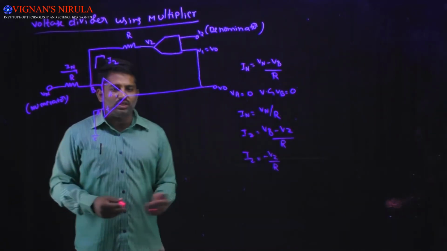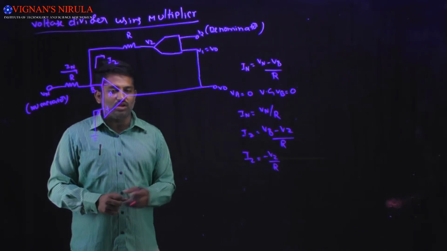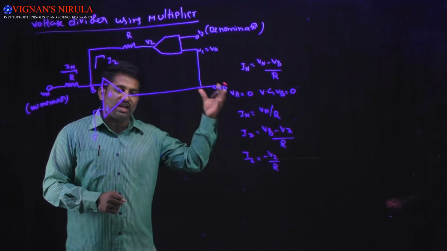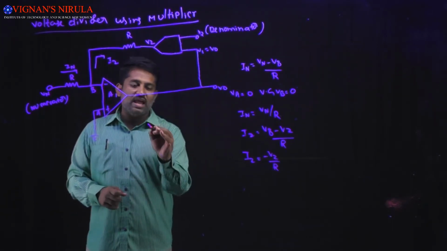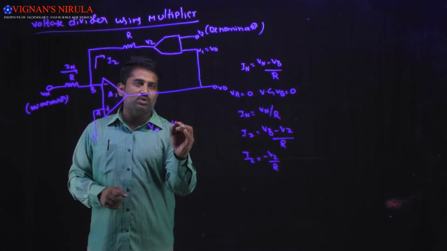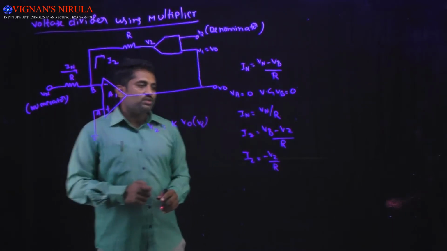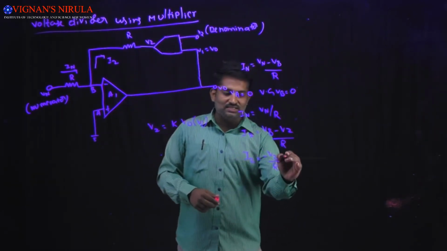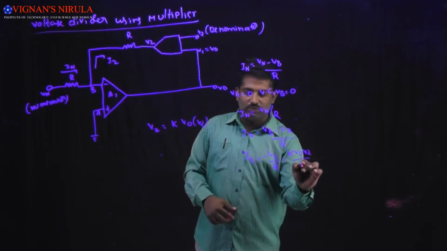We all know that the output voltage of the multiplier is the constant K into the product of the two input voltages applied at its input terminals. So here I treat VZ equal to K into V0 into V2. Substituting in this equation, we get IZ equal to minus K into V0 into V2 divided by R.